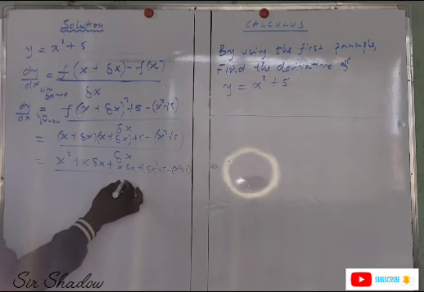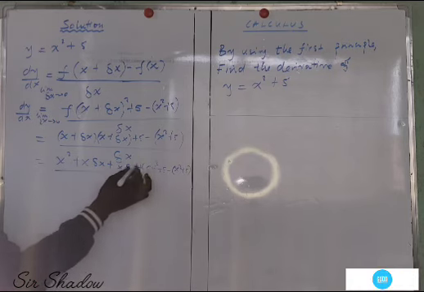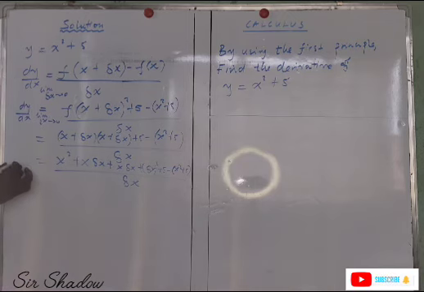All over delta x. Remember, we have the limit whereby delta x approaches 0.